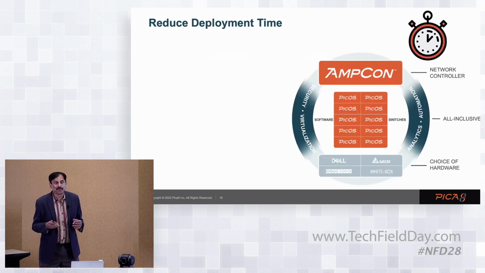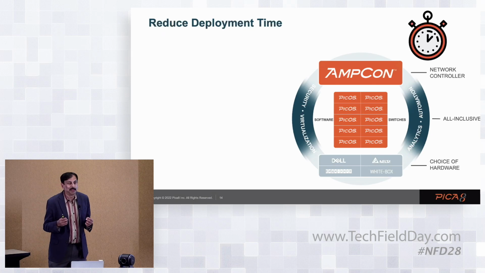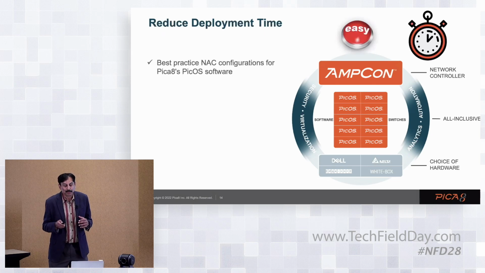Most of you are familiar with how dealing with a complex solution cuts down your productivity time and efforts. So we have an easy button for you that you could use with peace of mind. You don't need to figure out how to do zero trust networking. We provide all the materials for you.